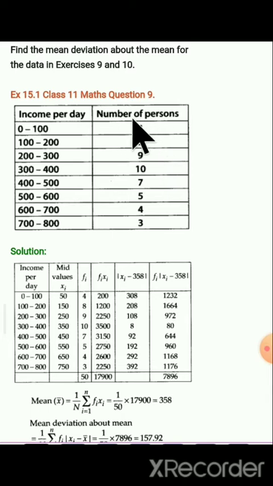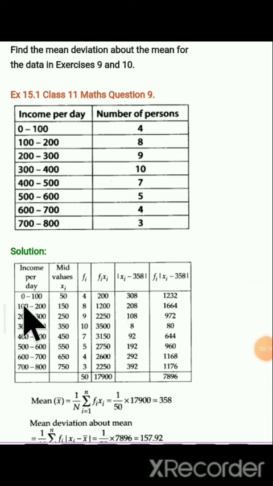Next we consider the xi column as the midpoint of the given class intervals: 0 to 100, 100 to 200, 200 to 300. Find the midpoint by adding the two values and dividing by 2.